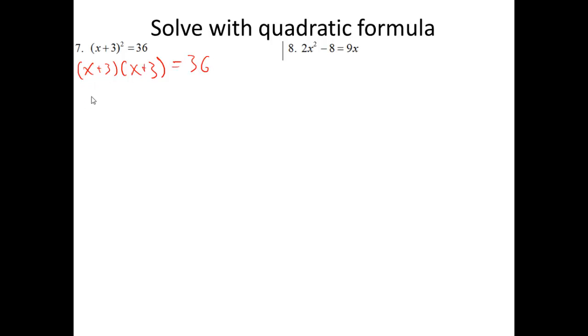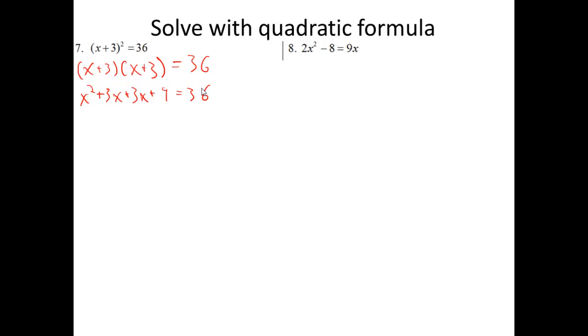So as I FOIL this out, remember the first, x times x is x squared, plus the outside, x times 3 is 3x, times the inside, 3 times x is, again, 3x, and our last, 3 times 3 is 9. Set that still equal to 36.